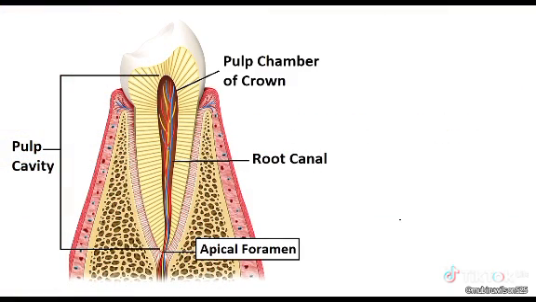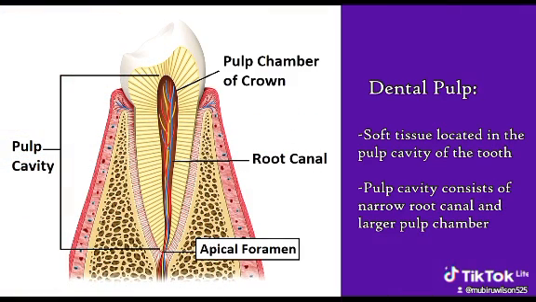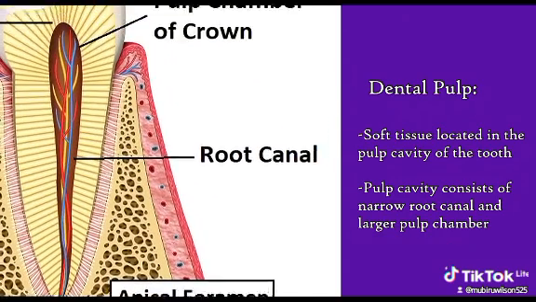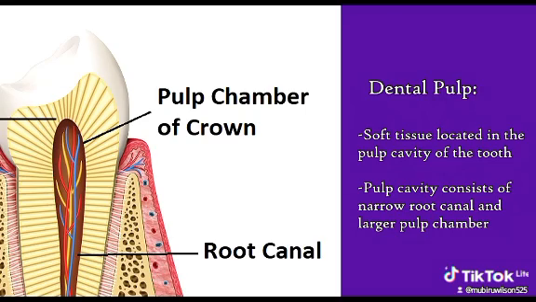And finally, the dental pulp is the last type of major tissue that makes up the tooth. And this is a soft tissue that is located within the pulp cavity of each tooth. The pulp cavity has two main parts: the narrow root canal of the root or roots, and the larger pulp chamber located in the crown.